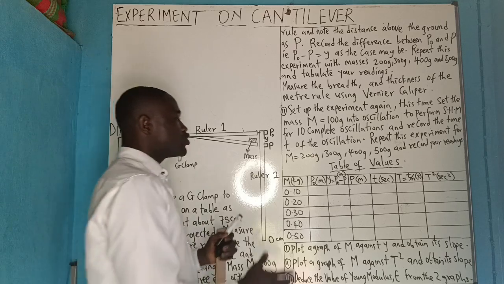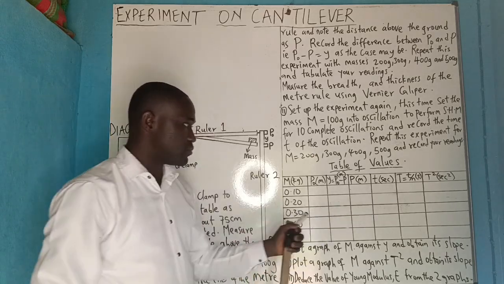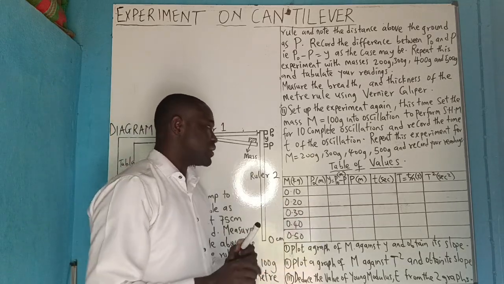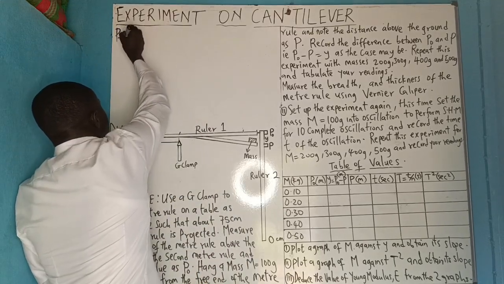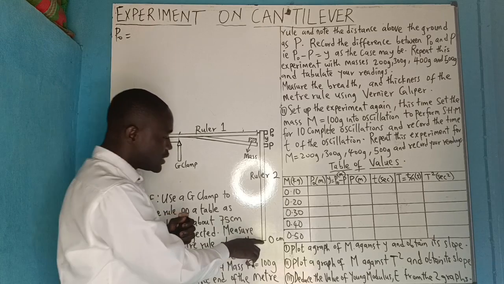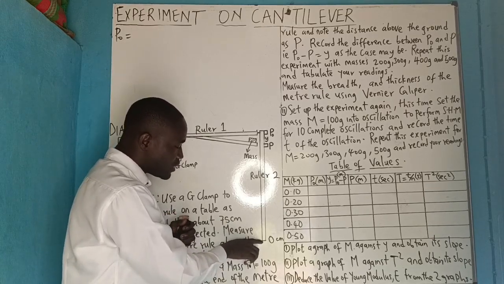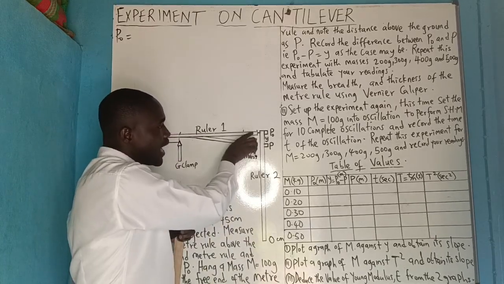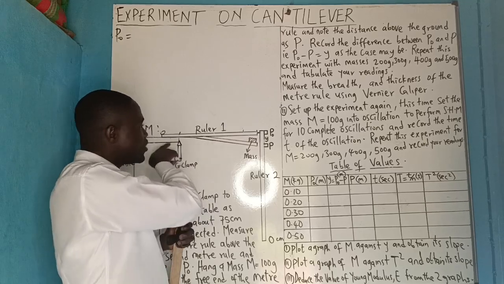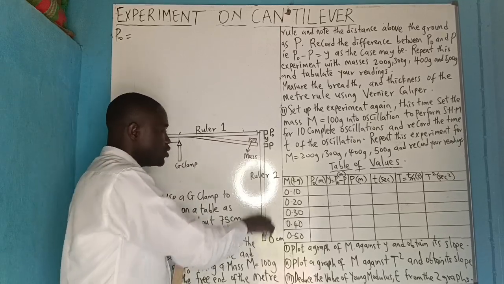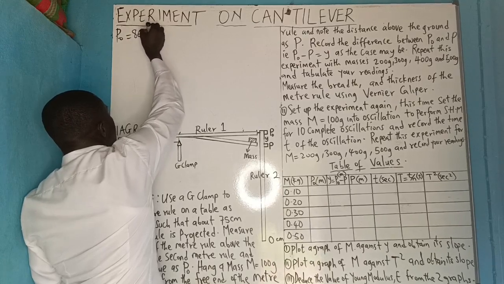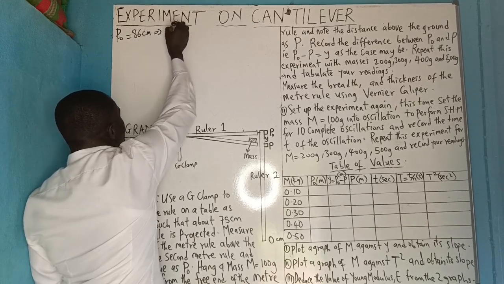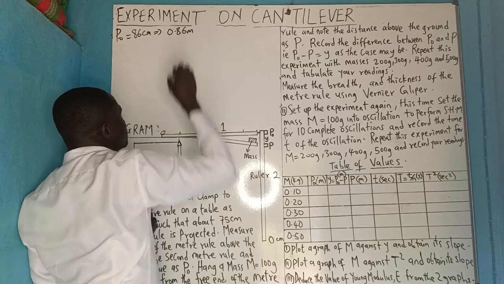Now to see how to fill this table, first thing you have to do is note your PO. Take the measurement of distance from the ground to the height of the meter rule that you clamp on the desk. Note it. So we noted it to be 86 cm, which is equal to 0.86 meter.